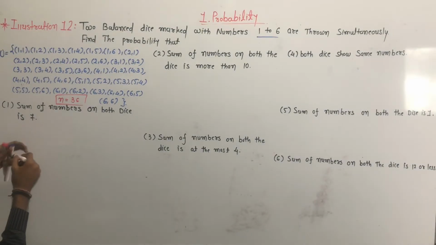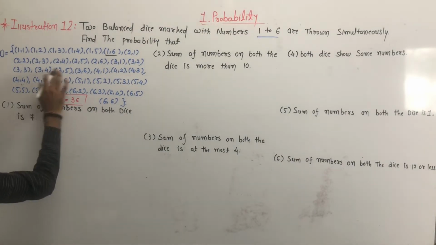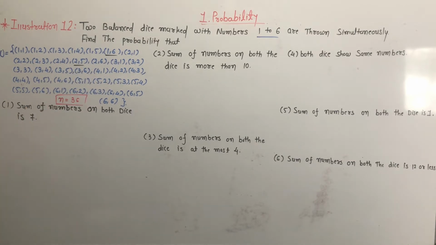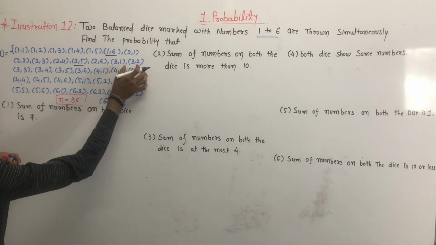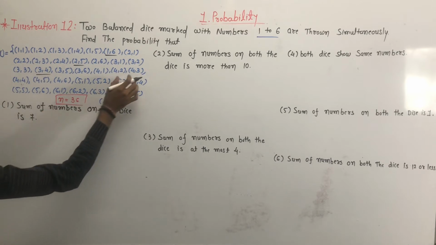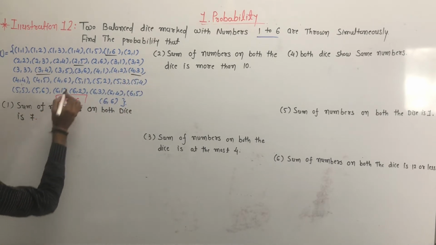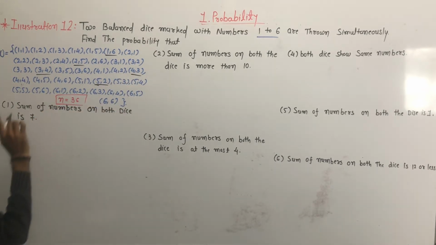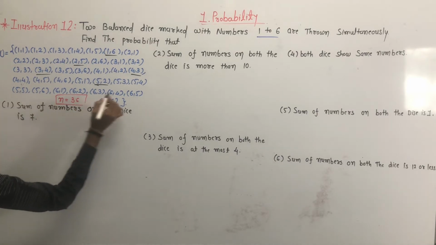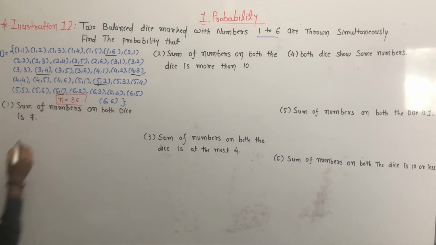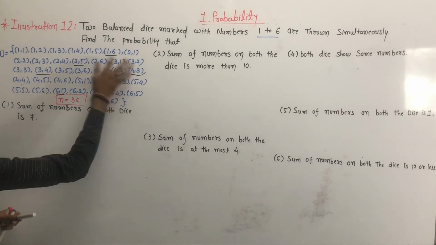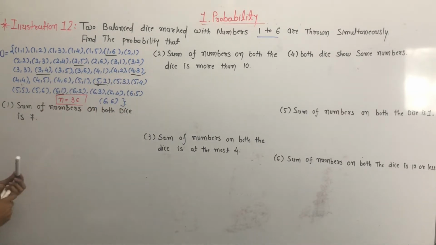Which elements will come? 1 and 6 is 7, then 5 and 2 is 7, then 3 and 4 is 7, then 4 and 3 is 7, then 6 and 1 is 7. So here the total favorable outcomes will be 6.